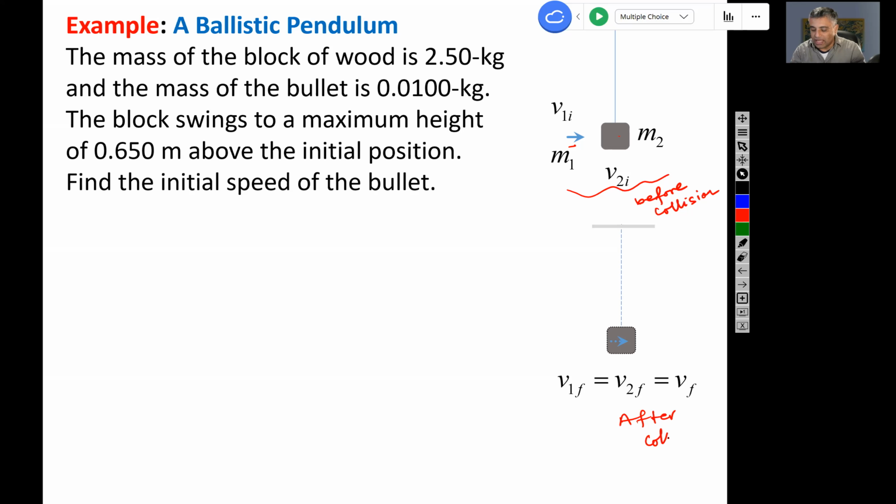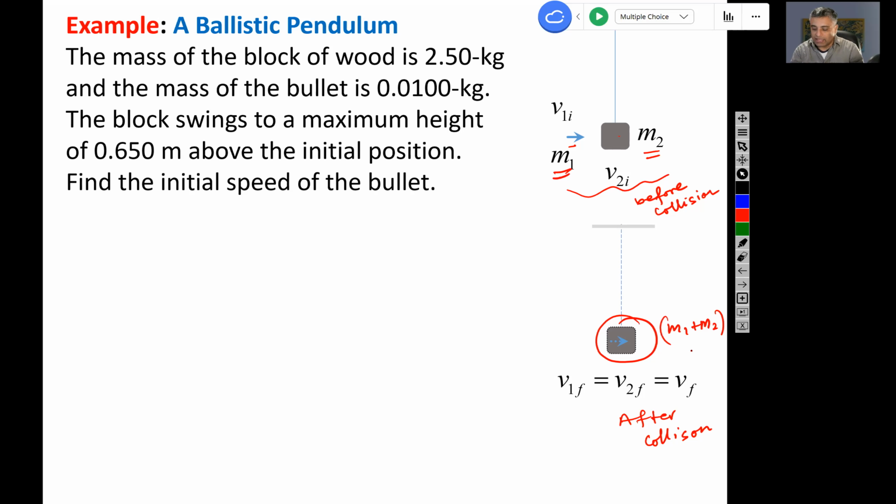And this is after collision. After collision, what happens? The catcher is holding the ball. So that means both of them have the same speed. They start with the same speed because they are together. If we say this is M1 and this is M2, then this is going to be M1 plus M2, the whole mass.